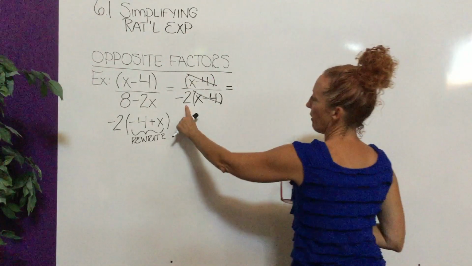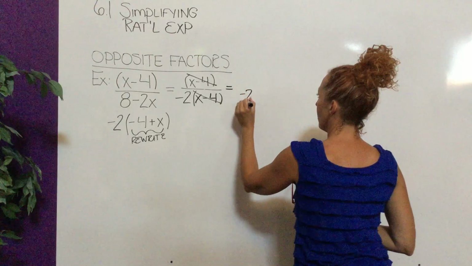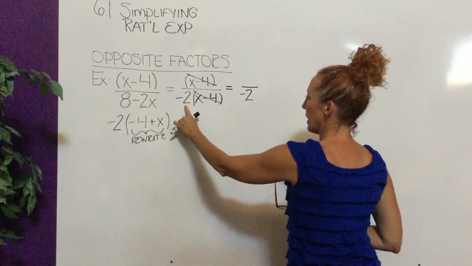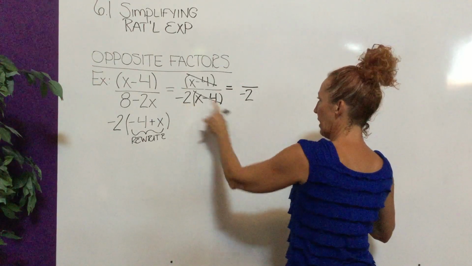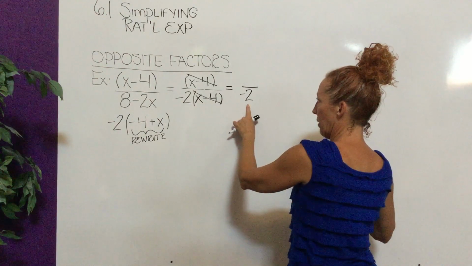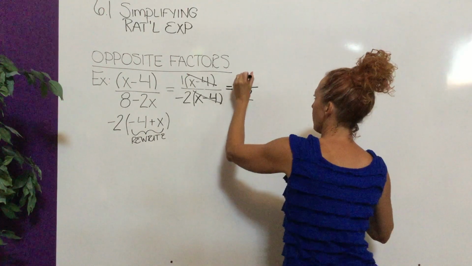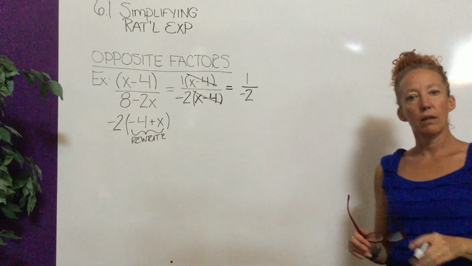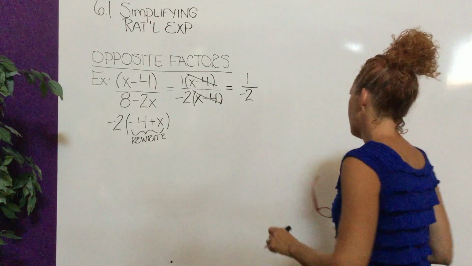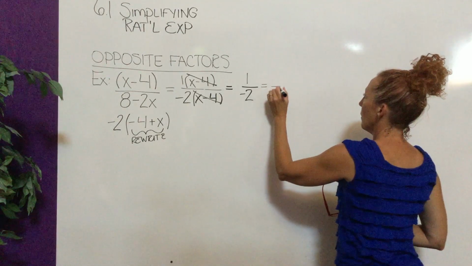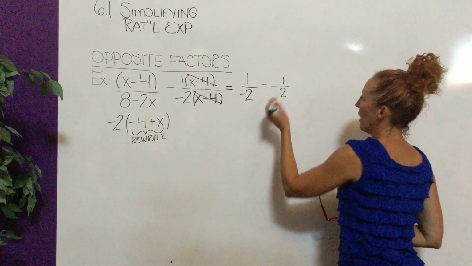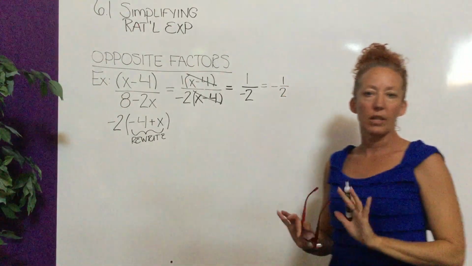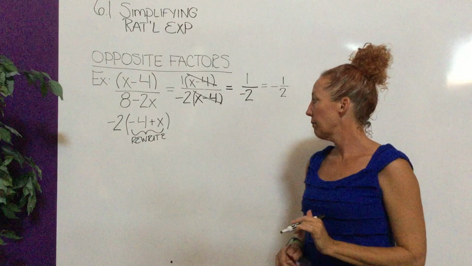Don't just accidentally write the answer as negative 2. If negative 2 was in the denominator at the beginning, it's still in the denominator here. So you need some type of a placeholder. So you need 1 over negative 2. You could also write that with the negative out in front of that fraction, and it doesn't change the value.